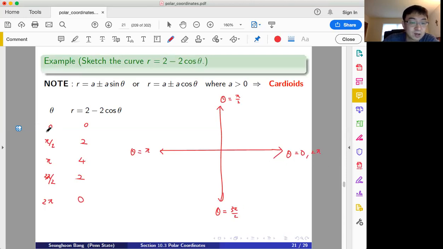It's the same. At angle 0, length is 0. The angle pi over 2, length 2. Angle pi, length 4: 1, 2, 3, 4.